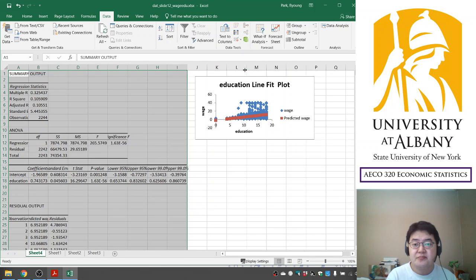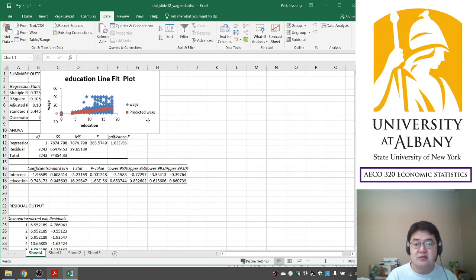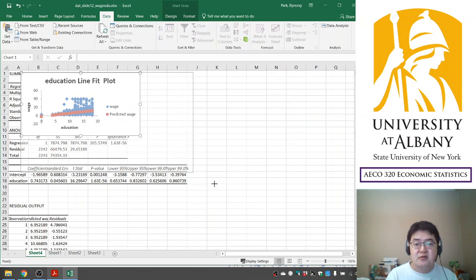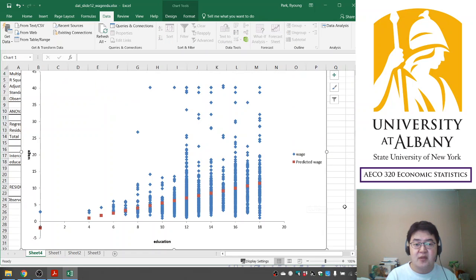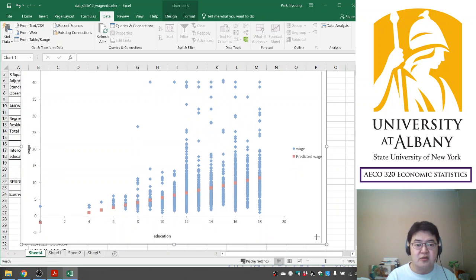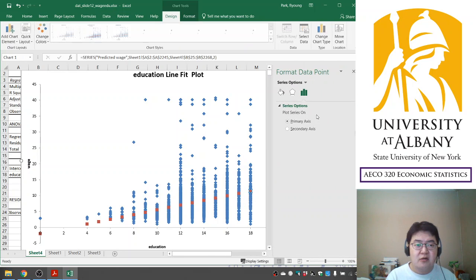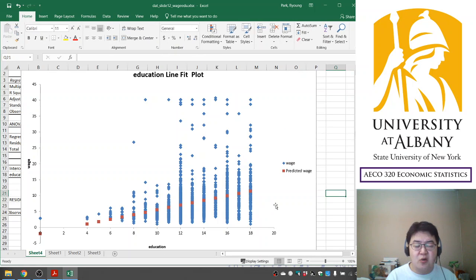Okay, you get a similar set of tables, and have a look. Let's look at the graph. Blue is the observations.